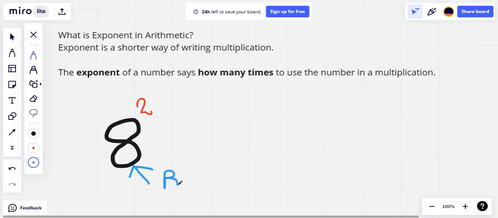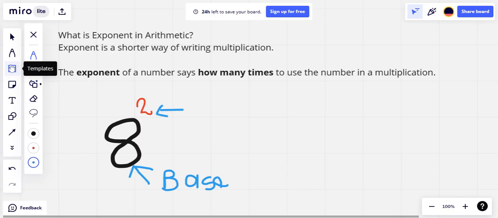All right? So this is the base. All right, so you want to write that down for me. All right, this is the base. And then now, this little one that is at the top right here, we call this the exponent.